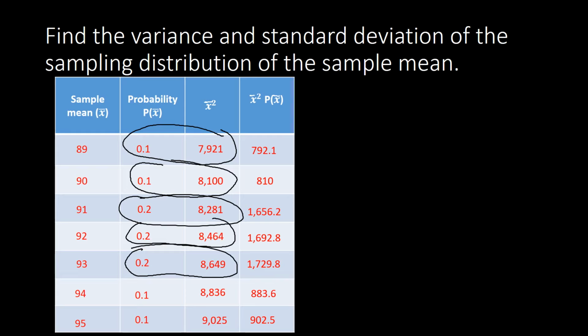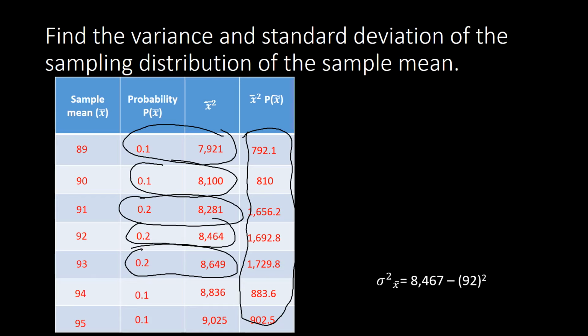Now, in order for us to find our variance, we have to add this last column. The results here will all be added. So we have to add 792.1 plus 810 plus 1,656.2 plus 1,692.8 plus 1,729.8 plus 883.6 plus 902.5.